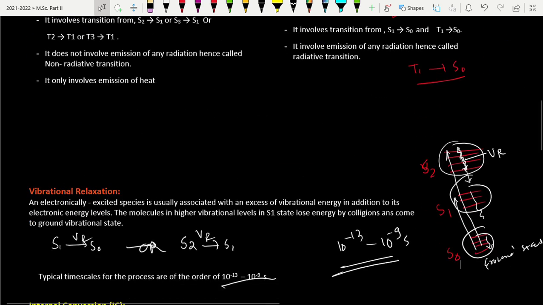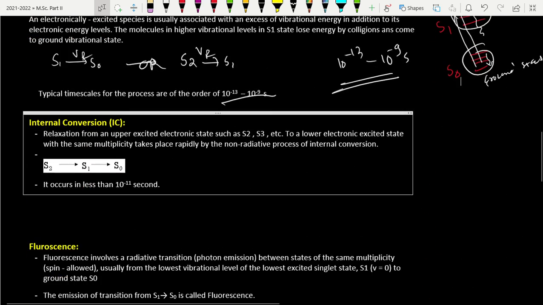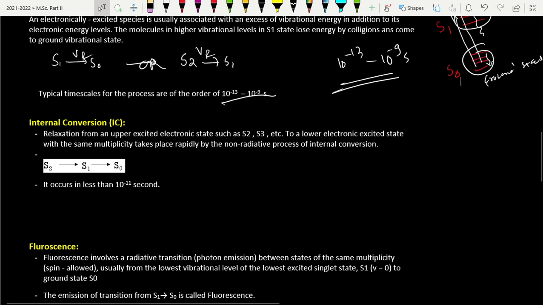This is the relaxation from an upper excited state. This is S2, this is S1, and S0 is there. The electron is undergoing vibrational relaxation, right?